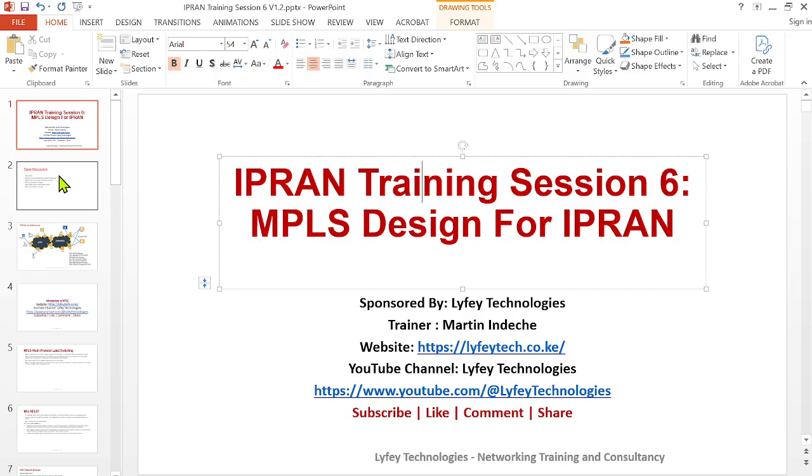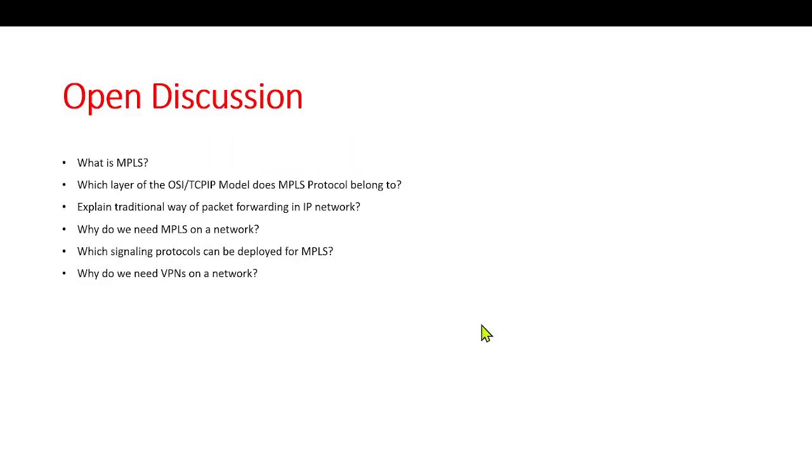Then we look at some applications of MPLS, and then on the IPRAN part, we will be looking at seamless MPLS. Why do we need seamless MPLS on IPRAN and how is it implemented on a service provider IPRAN network? To start, let me put it in the presentation mode.